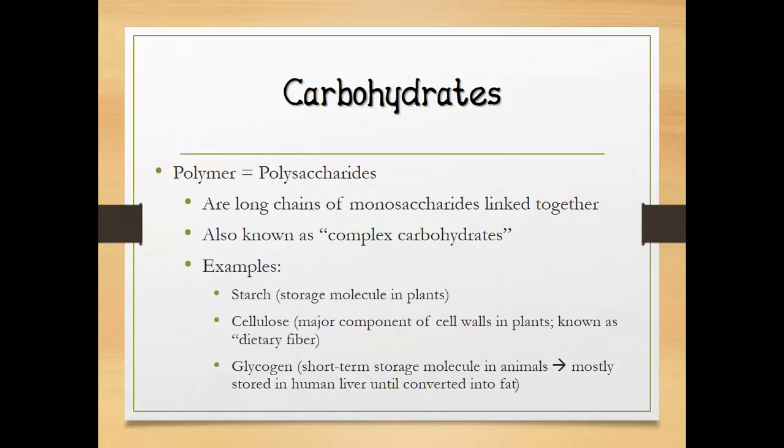Okay. Cellulose, this is the major structural component of your cell wall. So plants will take some of the glucose that they create via photosynthesis, and instead of storing it in starch, they'll use it in cellulose to build new cell walls as they're making new plant cells. In terms of us actually eating it, we can. We don't really break it down very well, though, but it's what we talk about as dietary fiber.